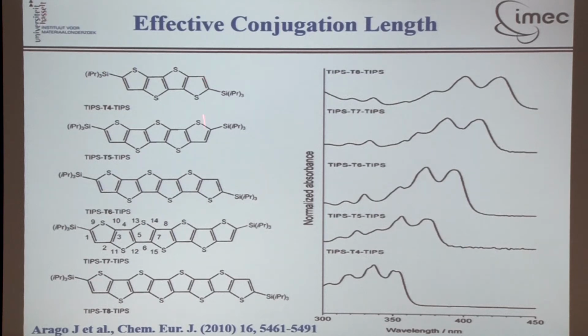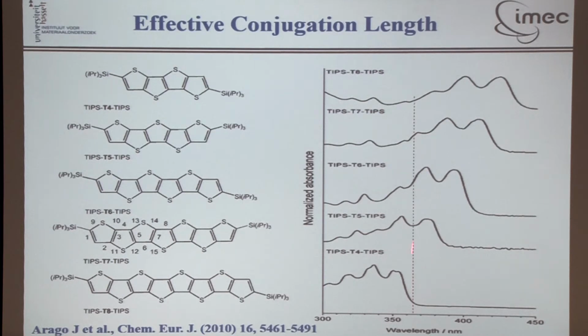Here you have a series of oligomers, from a more recent paper, of, let's say, a kind of polythiophene, where all the thiophene rings are fused. And so you have a tetramer, a pentamer, a hexamer. They even made the heptamer to the octamer. And here you see the different absorption spectra. So this pi system is totally flat. So there cannot be any torsion effect.